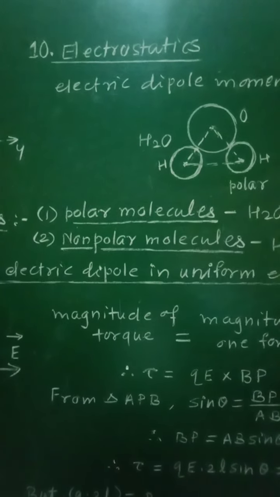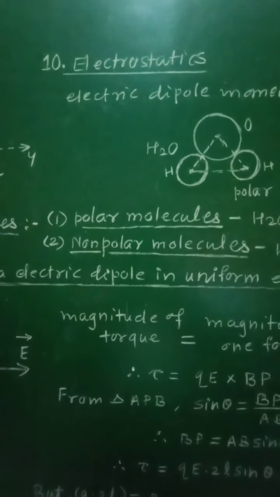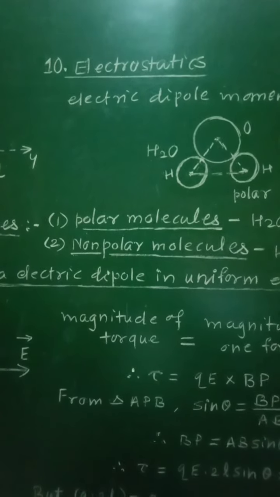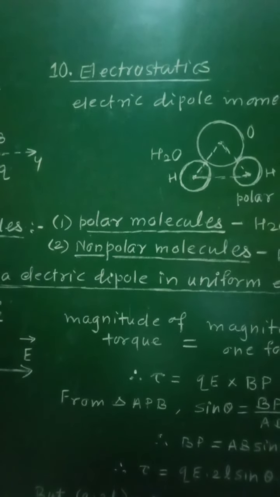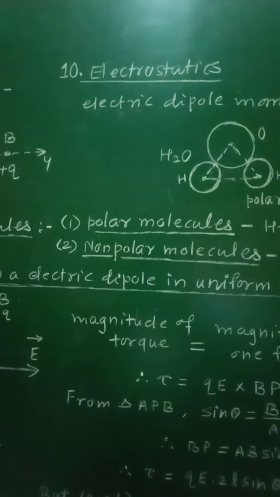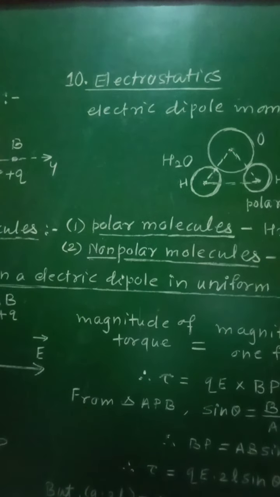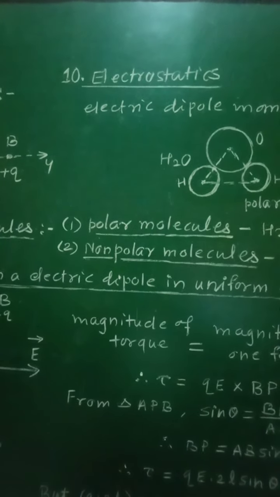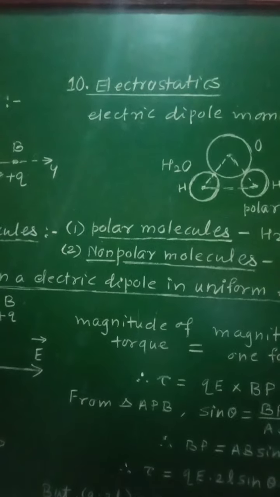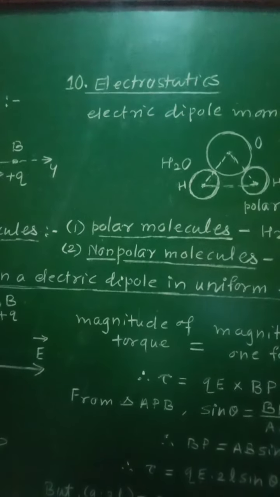So polar molecules are the molecules in which the center of positive charge, that is the nucleus, and the center of negative charge, that is the revolving electrons, are naturally separated.